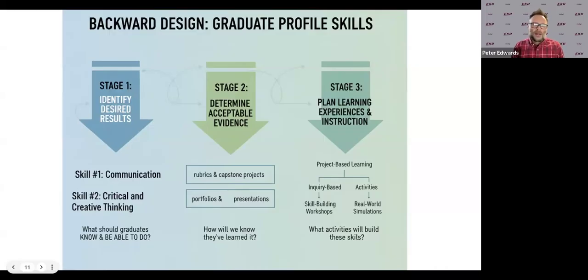Once we move back, we're going to plan those experiences, right? We talk about that kind of hands-on learning, those activities that look more like real world simulations. We may build those workshops, right? Where we want people, like we're in today, to understand we've got these essential skills.